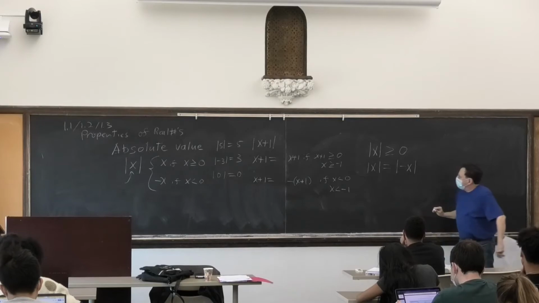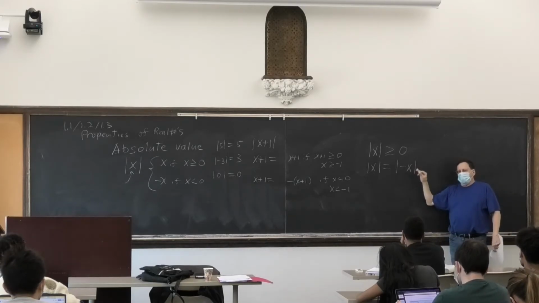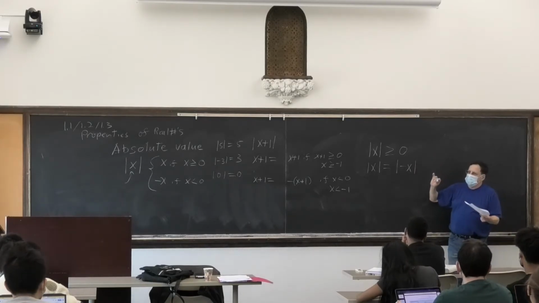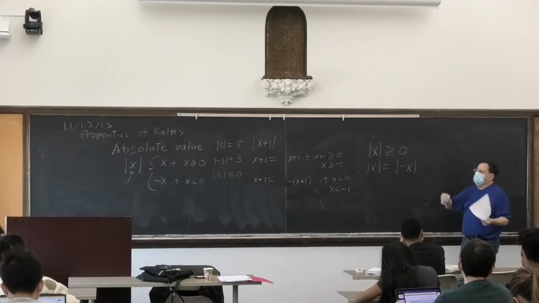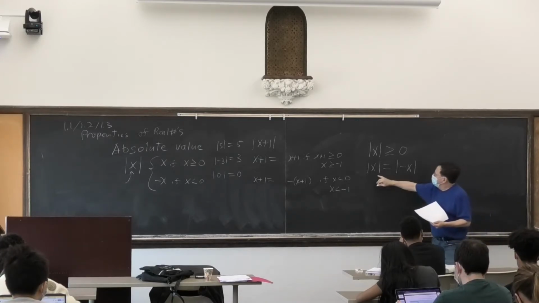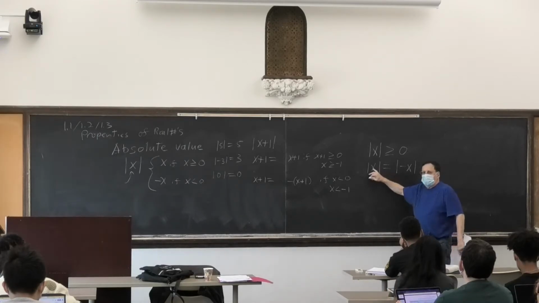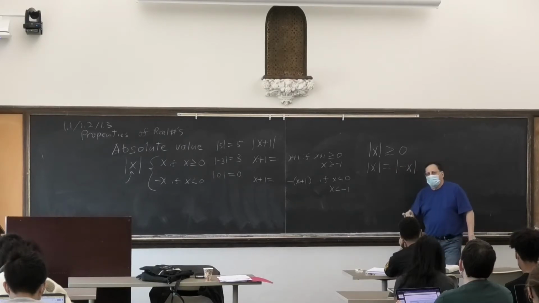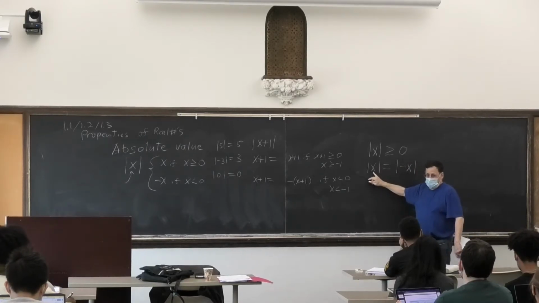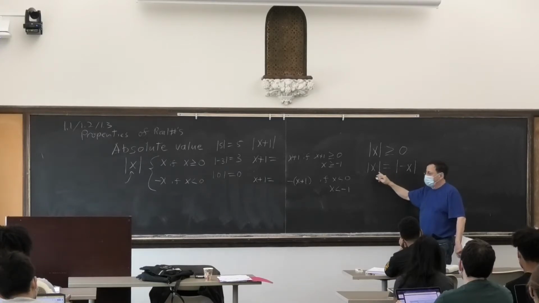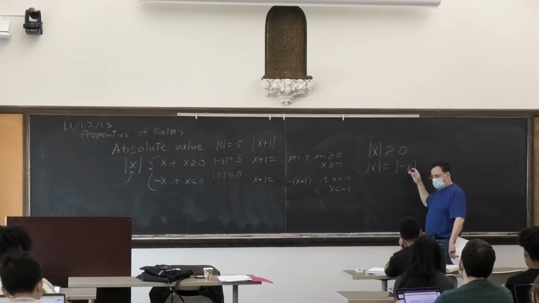There's a knee-jerk reaction to look at this and think, well, x is positive, so that's why this is positive, and minus x is negative. But x might be negative, right?